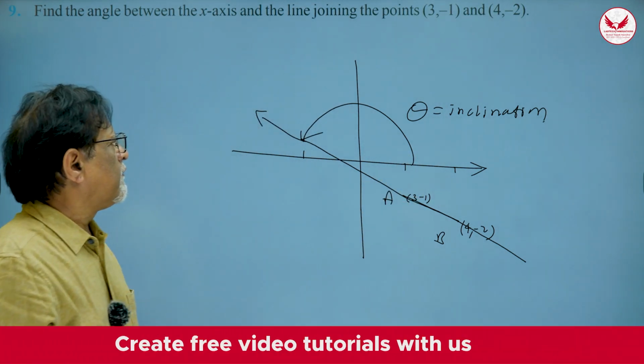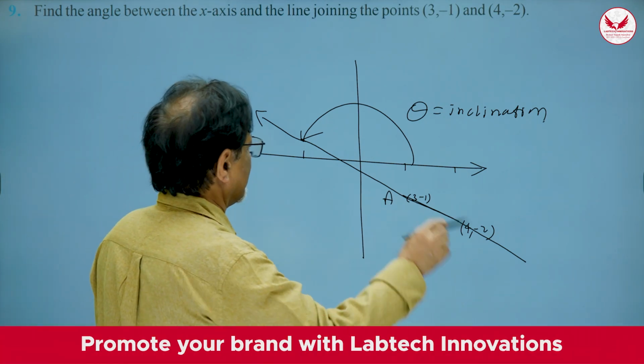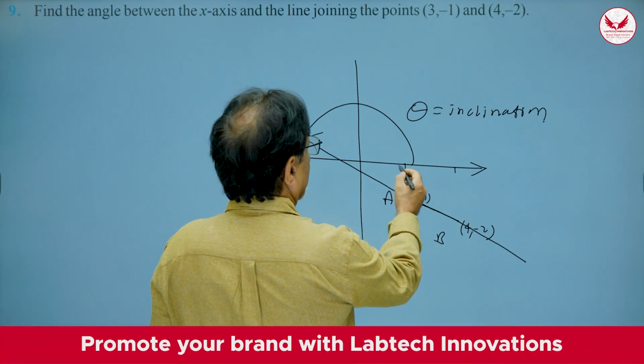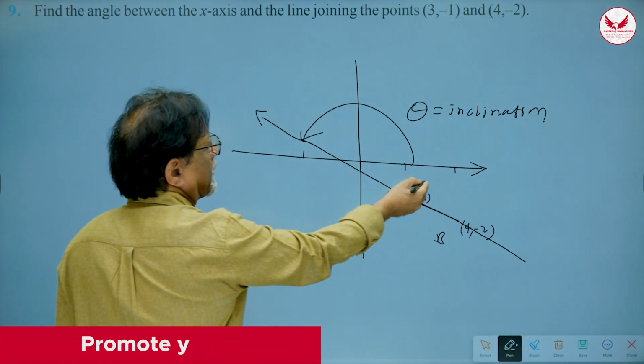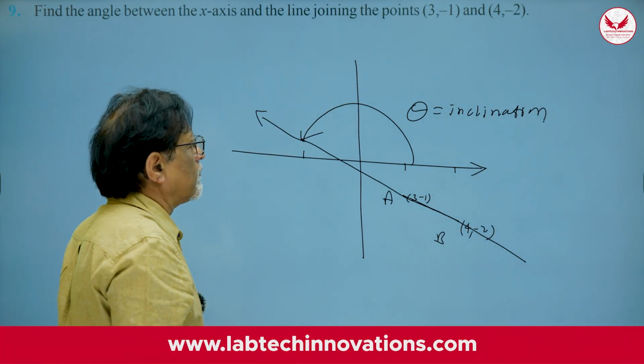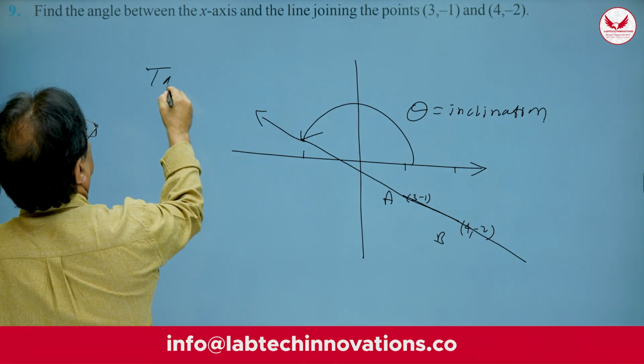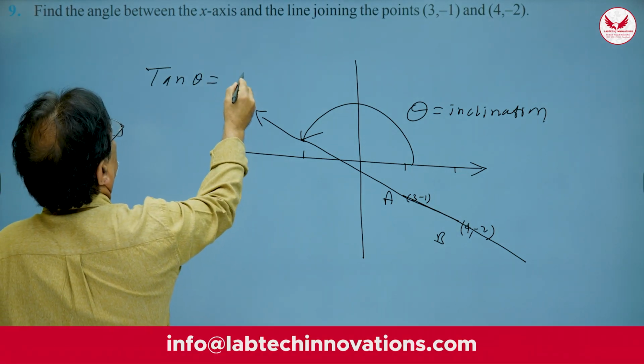Out of these 8 angles, only one angle qualifies to be called inclination. And that is nothing but the angle between the positive direction of the x-axis and the straight line measured in the anticlockwise direction. And tan of that angle is the slope.